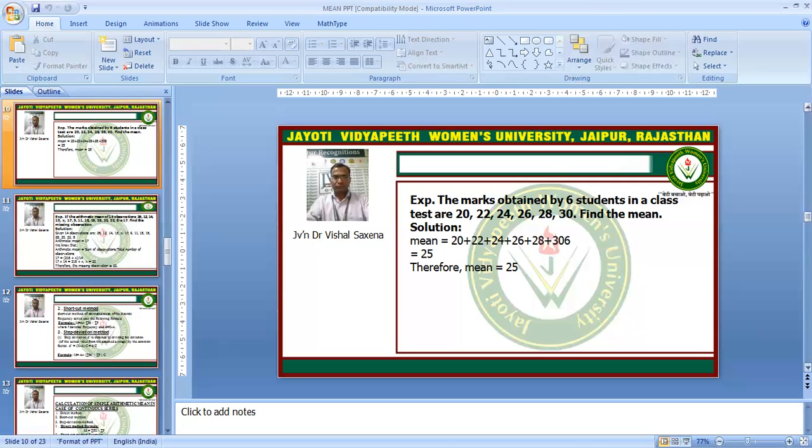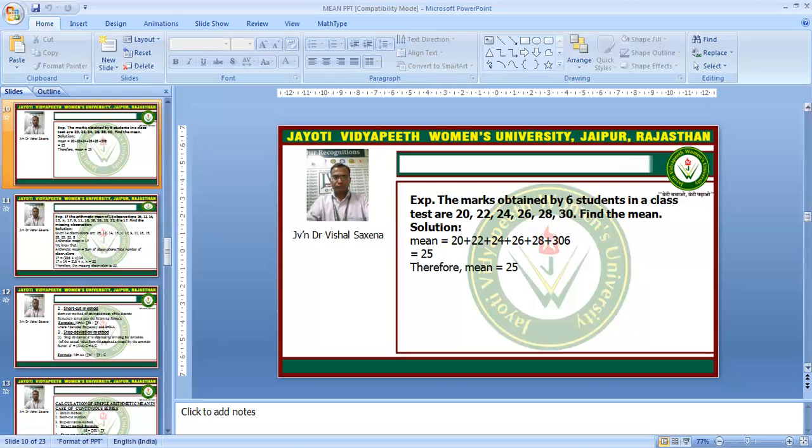The sum is equal to 150. So in this way, the value of the mean is given by the sum of the values divided by the total number of students, that is 6.